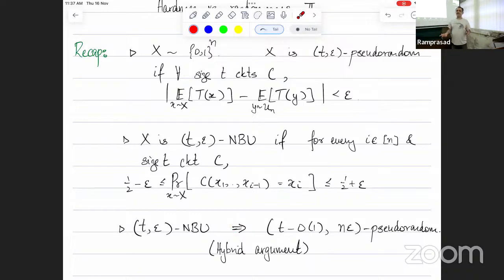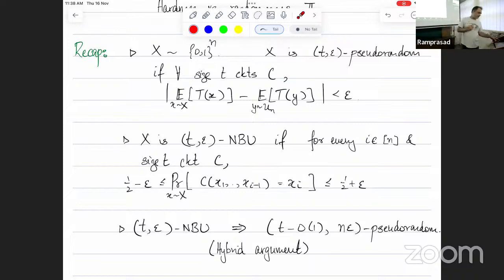But the surprising thing was that this potentially weaker property, next bit unpredictability, is sufficient to get pseudorandomness as long as you're willing to absorb one extra factor of n. The hybrid argument incurs a factor of n in the error, but in most cases this epsilon is something we can tailor to whatever we want, so absorbing this factor of n is not a big deal. You should mentally tell yourself that next bit unpredictability is basically the same as pseudorandomness.